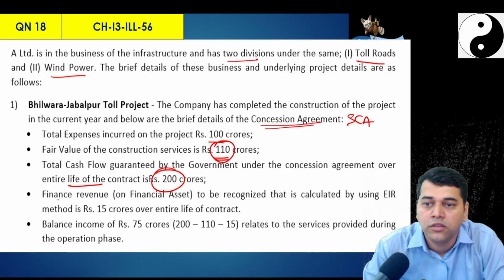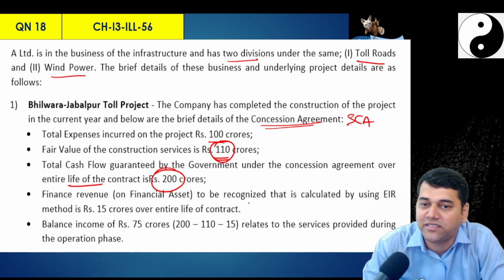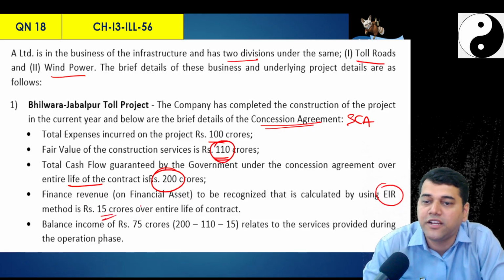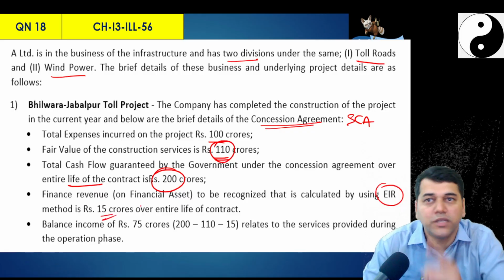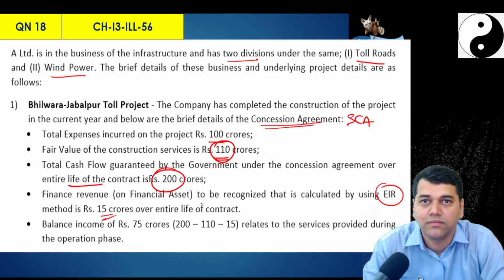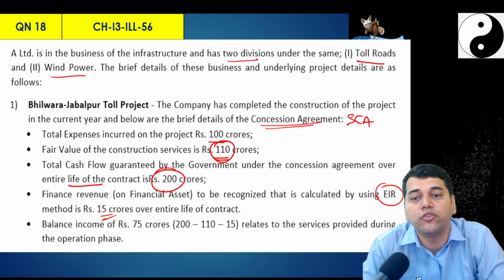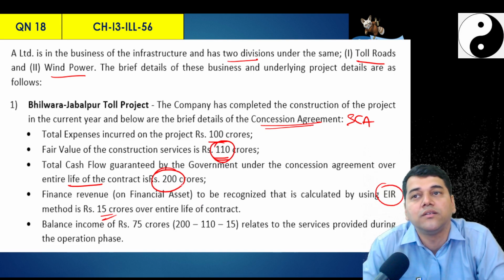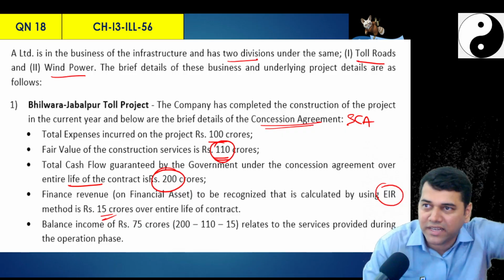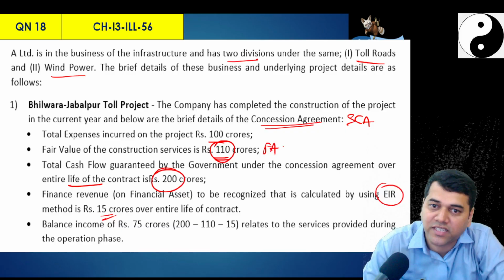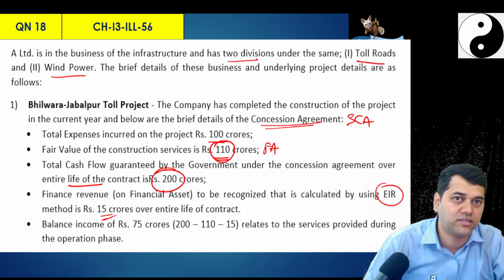Now the finance revenue on the financial asset to be recognized is calculated by the EIR method, and it is 15 crores. Now you must have recognized one customer. How? Present value of the future cash flows. When is the government going to give you 110 to 200? Maybe at the end, somewhere in the future, not immediately. So you recognize one financial asset which you need to amortize.